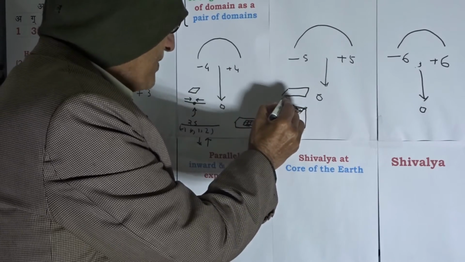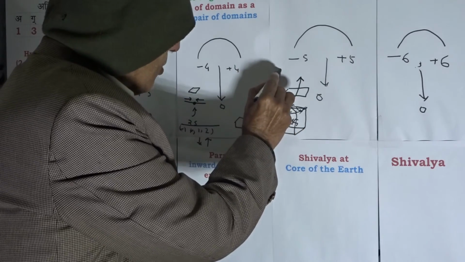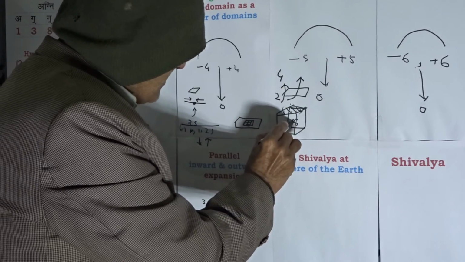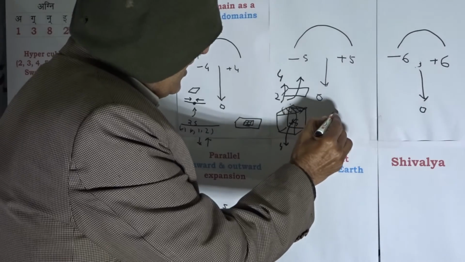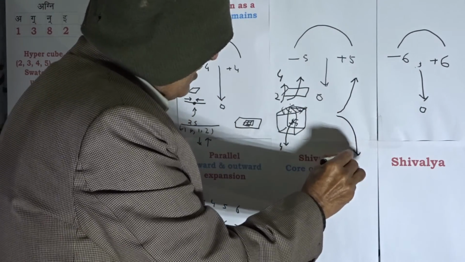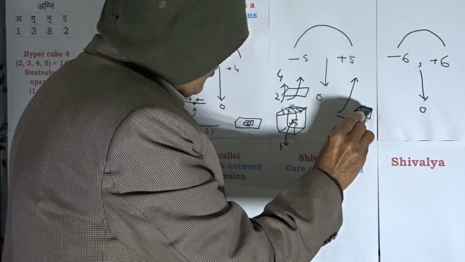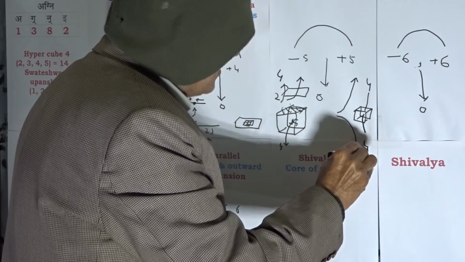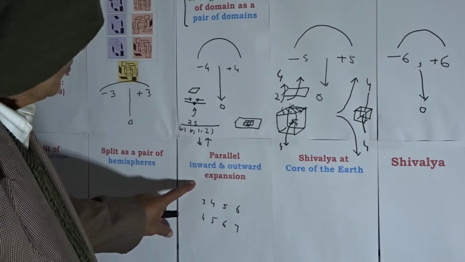Now if this plate is stripped off, it would be dimensionalizing the outer space as a 4 space, and at the center we know is a 4 space. Therefore there is going to be simultaneous outward expansion as well as inward expansion. Therefore if we are at a 3 space, then its outer expansion is to be 4 space, its inner expansion as well 4 space. It is this feature of parallel inward and outward expansion.